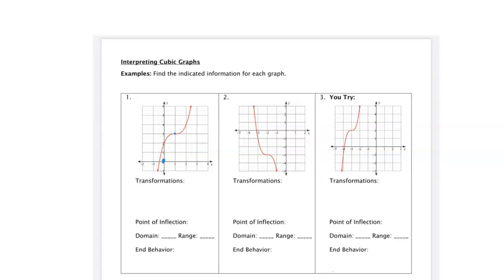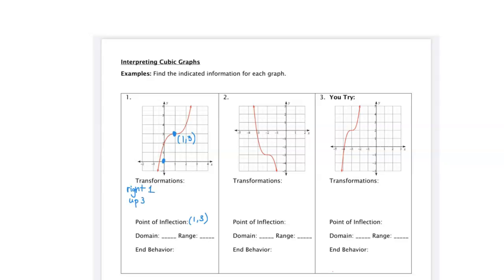Our point of inflection for the graph we're looking at is here at 1, 3. So this is our point of inflection, 1, 3. The shifts or the transformations that have been made: we went from 0, 0 over to the right by 1 and up by 3. So those are our two transformations, right 1 and up 3.